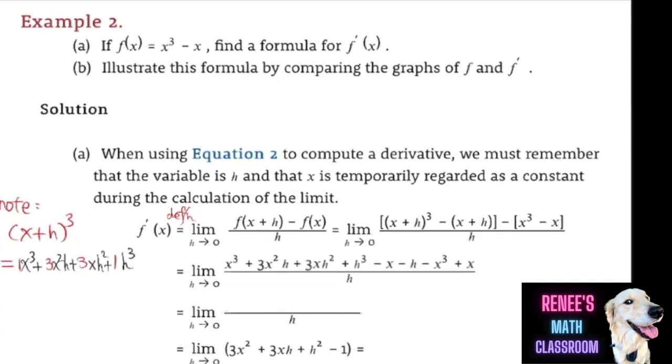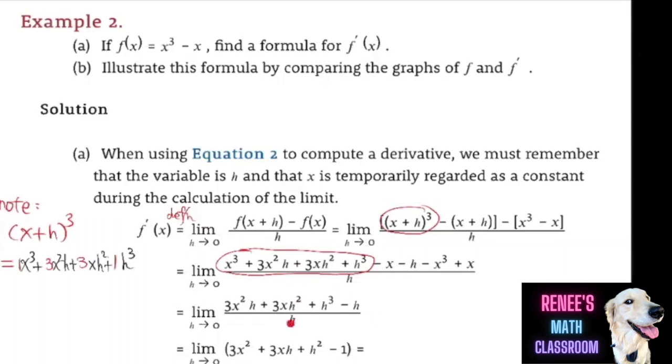So expanding this, we get this x plus h cubed. Now, minus x minus h, and minus this x over here. Simplify this. We get 3x squared h plus 3x h squared plus h cubed minus h on top.